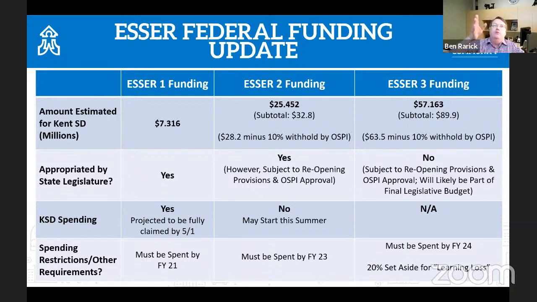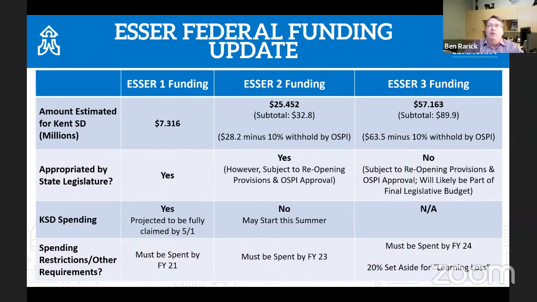If you follow the first row from left to right, I give you an amount at the top that indicates how much we've been informed we would be eligible for, net of whatever withhold OSPI keeps. If you all have been following some of the WASA materials, or maybe WASDA has been sending out materials, if you look at ESSER 2, for example, most of the materials you'll see say 28.2 million for Kent.